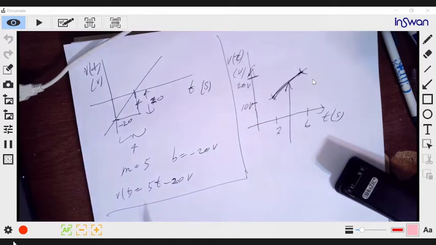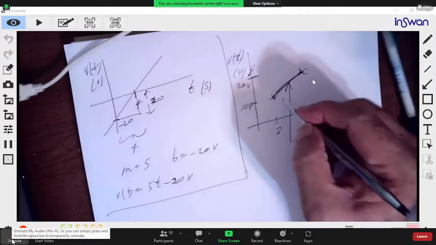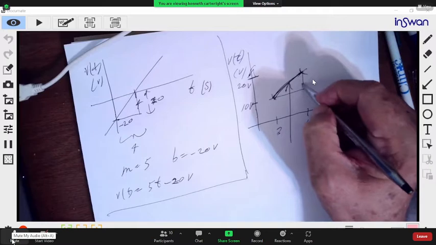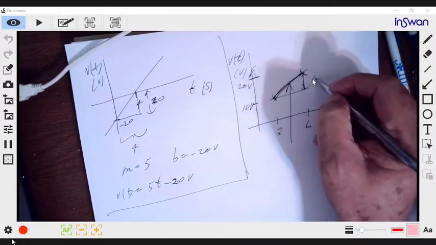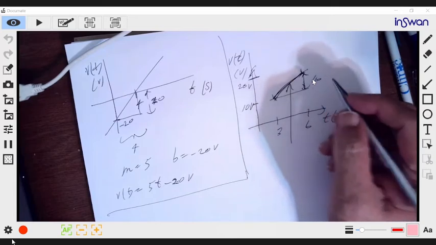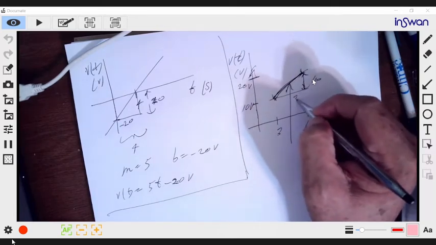Okay, what's the slope? 10/3. Yes, because there's a run and there's a rise. The rise goes from 10 to 20, so that's 10. The run goes from 3 to 6, so it's 3.